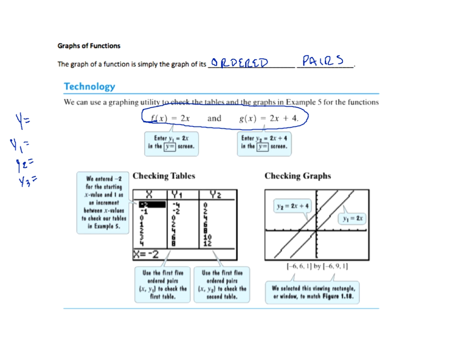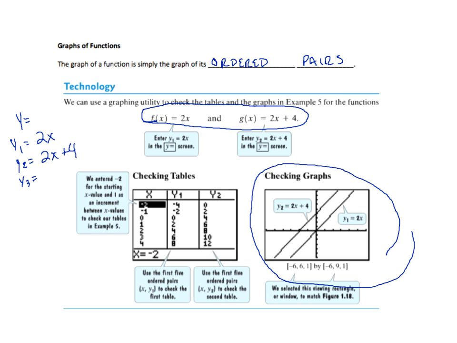You just put two different functions in there, and it'll graph them on the same graph, just like we have pictured here, and it'll put them in the same table. So usually my students are okay with looking at a graph with two lines or two curves on it, but looking at a table that's been set up for two different functions can be a little bit confusing. So let me explain what you're looking at here.